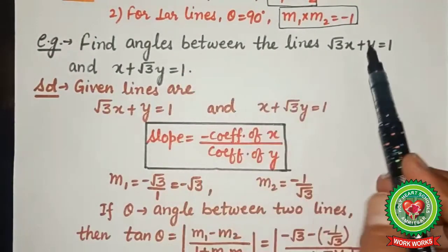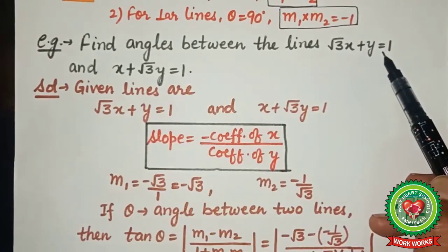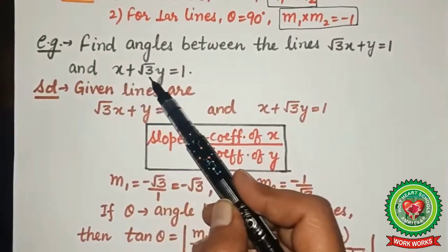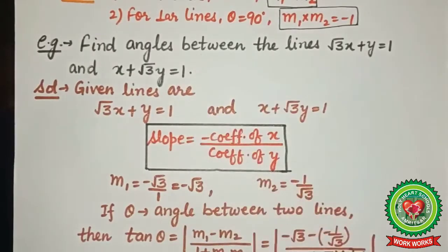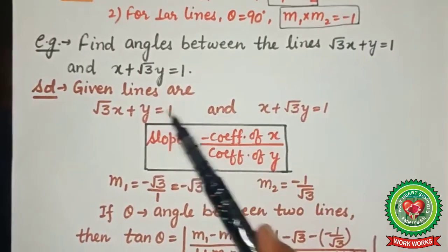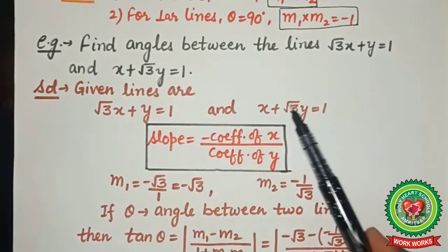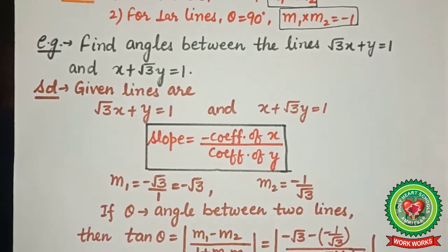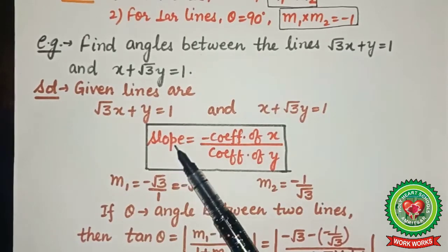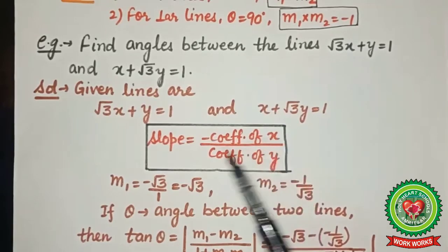Find the angle between the lines √3x plus y is equal to 1 and x plus √3y is equal to 1. Now here two lines are given. They are given in the general form. So we can find the slope directly from this form. So the formula is slope is equal to minus coefficient of x upon coefficient of y.